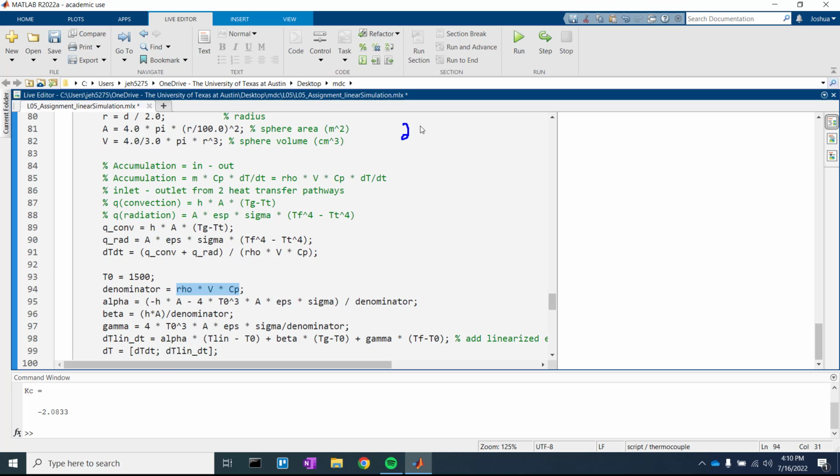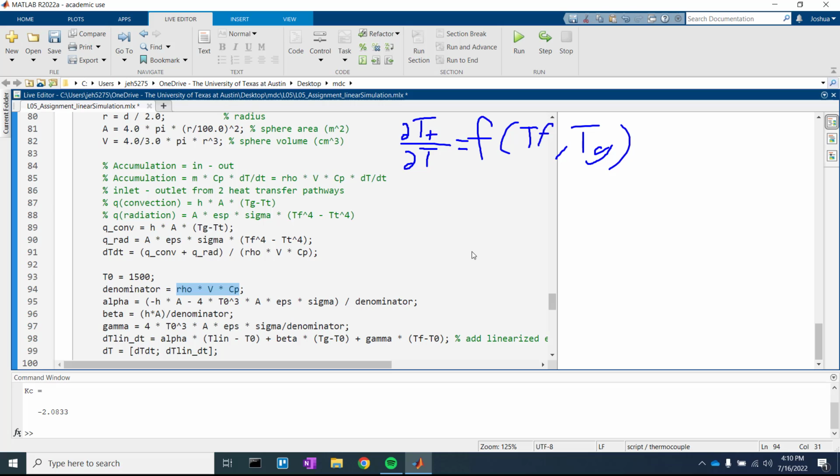We have some derivative of temperature with respect to time, and that's dependent on two things: the temperature of the flame and the temperature of the gas. So we need to linearize this function with respect to TF and TG and then multiply it by the delta for each of them.